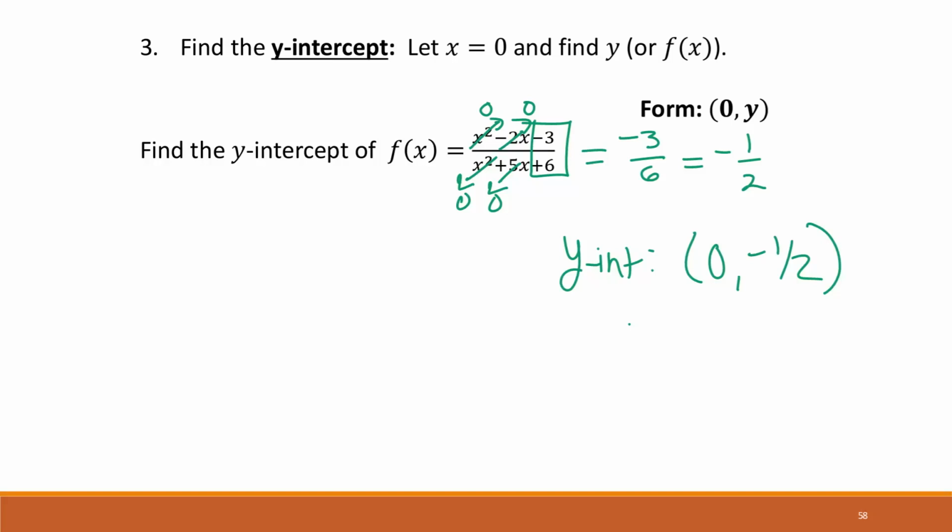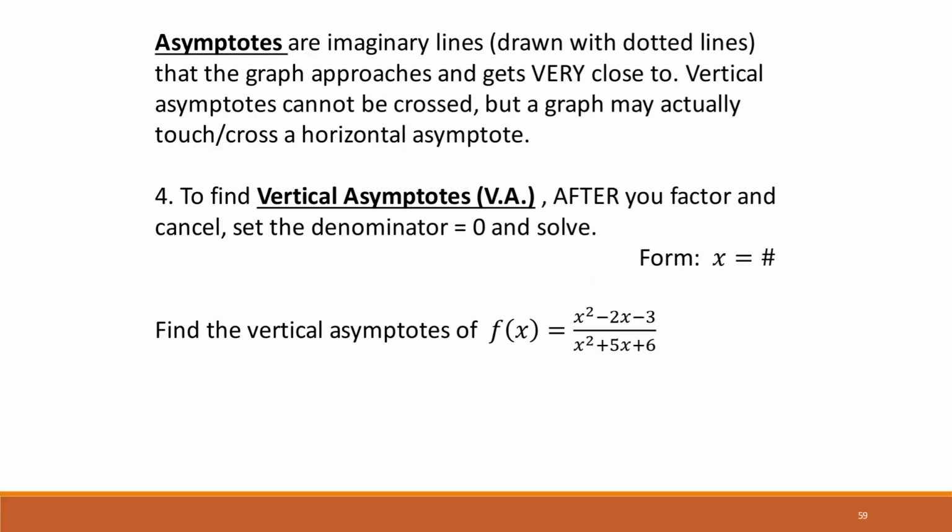So the next step is talking about asymptotes. Remember, asymptotes are those imaginary lines that we draw with a dotted line where you can come all the way up to them, but you cannot actually touch them, right? So we want to first find vertical asymptotes. After you factor and cancel, set the denominator equal to 0, then you can go from there.